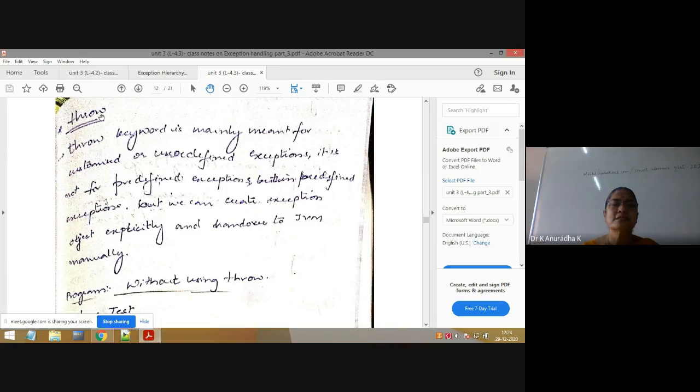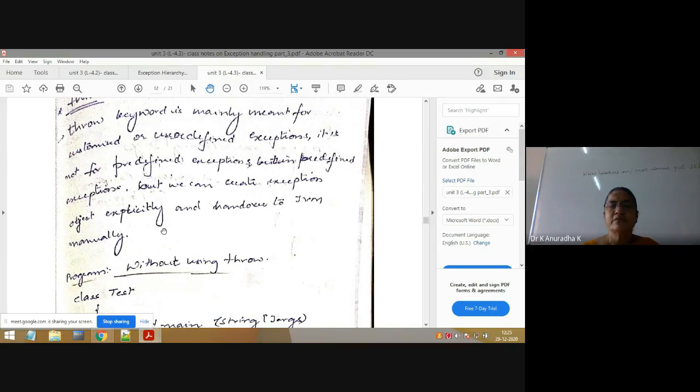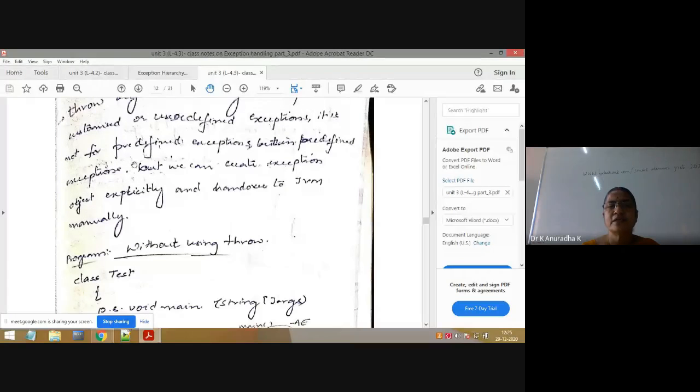The main purpose of the throw keyword is that it is mainly meant for customized or user-defined exceptions. Customized or user-defined, both are the same. Predefined or customized. But in predefined exceptions also we can use the throw keyword. Now I will explain how we use the throw keyword in the case of predefined exceptions.